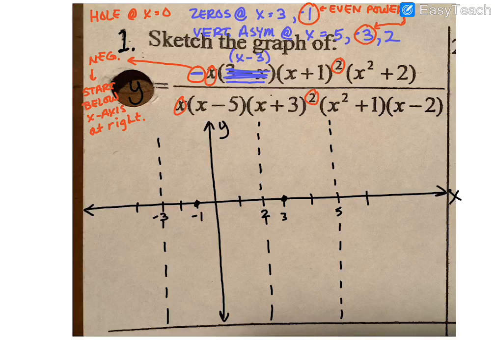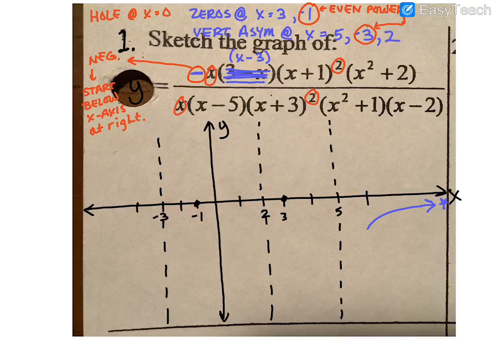So, when we start our graph over here at the right, remember because we had a negative sign out front, we're going to start on the negative side of the x-axis. So we're going to start below the x-axis. As we move towards the left, we will approach a vertical asymptote at 5.